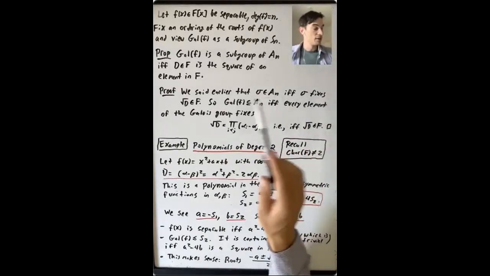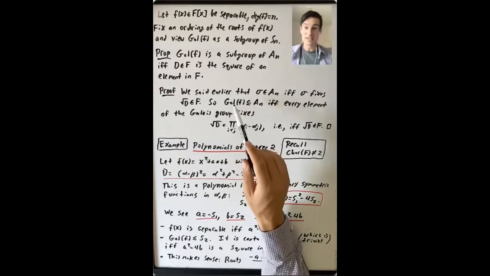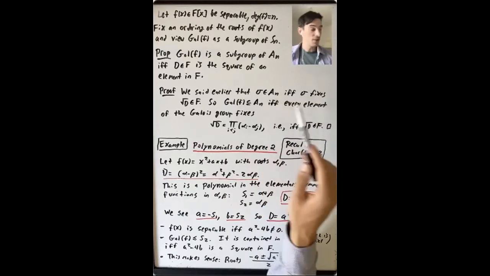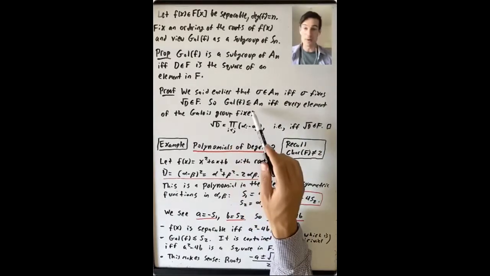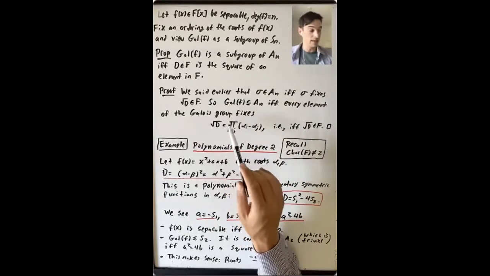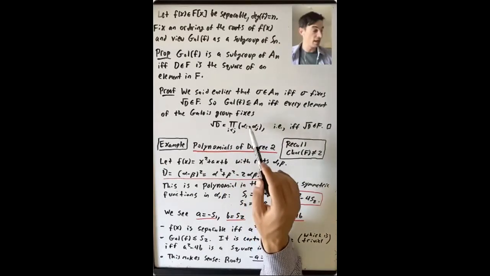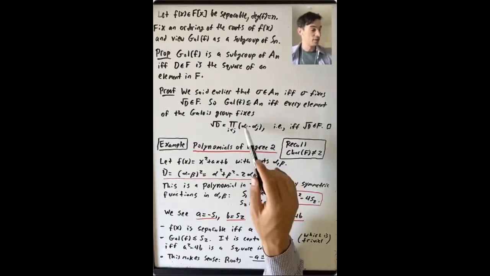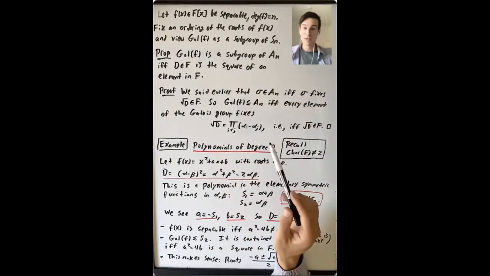Okay, so what does that mean? The Galois group of f is contained in A_n if and only if every element of the Galois group fixes square root of D, which is this product over i less than j of alpha_i minus alpha_j. But what does that mean?